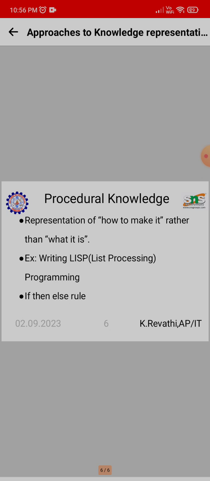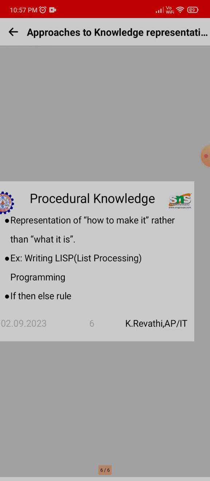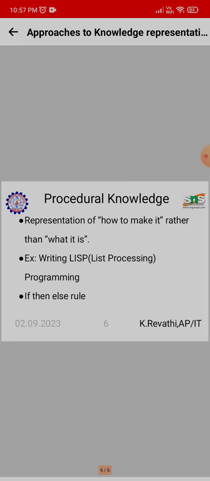We can easily represent heuristic or domain-specific knowledge using this approach, but it is not necessary that we can represent all cases in this approach. It is a representation of how to do it rather than what it is. Thank you.